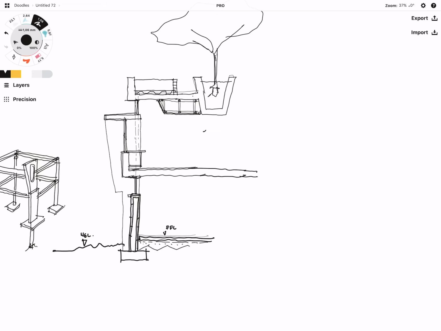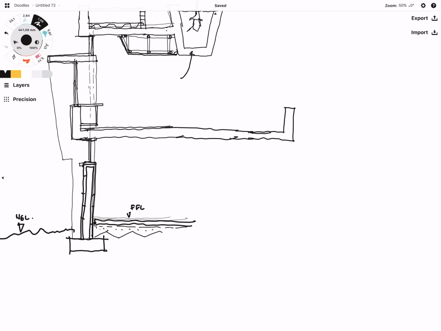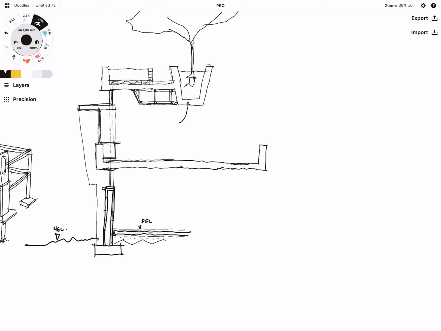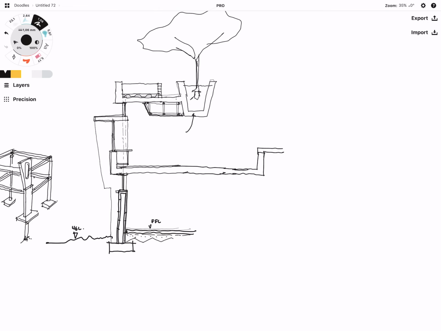I'm going to pretend that that's going to be one of my beams. This kind of makes sense. And this can be maybe my water tank that's built into. This water tank would need some kind of thickening at the bottom.